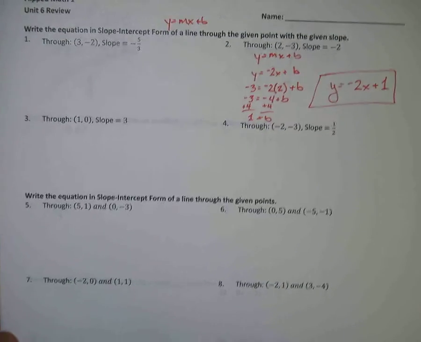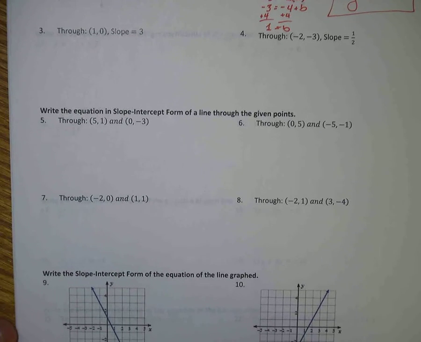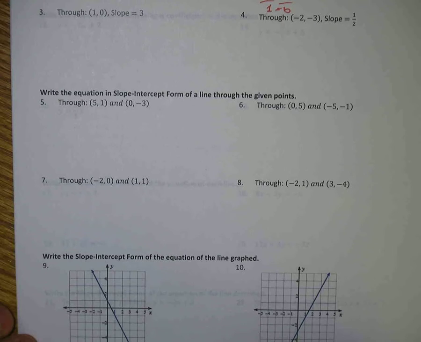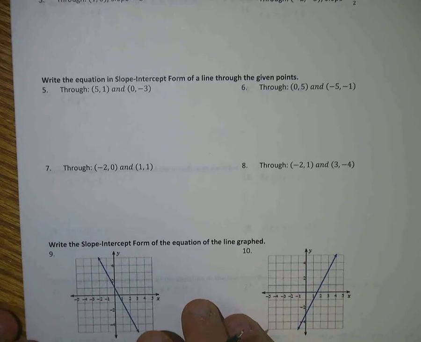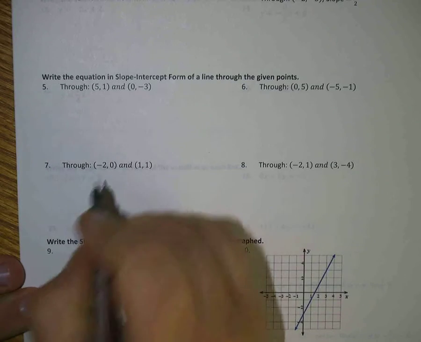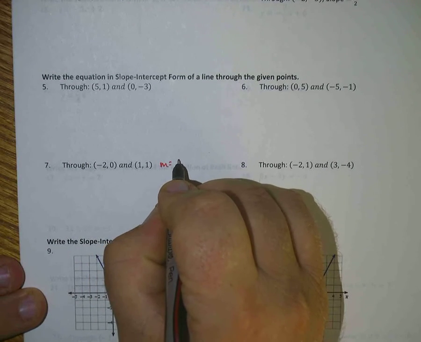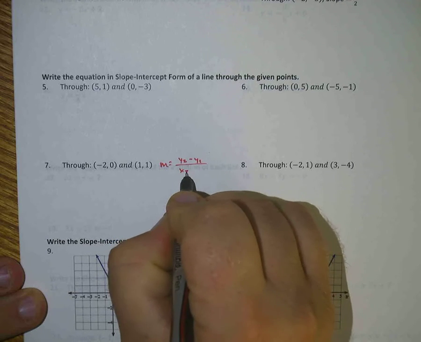All right. Down below here, we're still writing slope-intercept equations, but we're going through 2 points. I'm going to go ahead and do number 7, the third one in this group. First off, I want to find my slope. So y2 minus y1 over x2 minus x1.